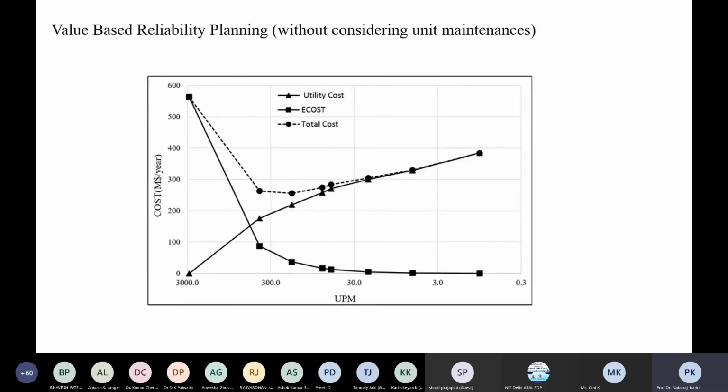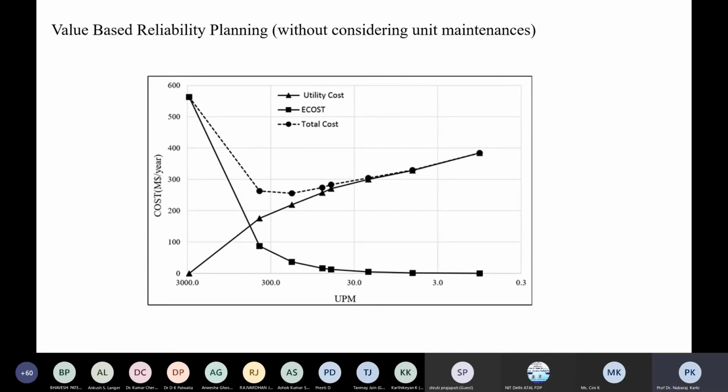And you can see this is without considering the unit maintenance. That was the theoretical curve that we had earlier. This is the investment curve here, and this is the unreliability cost curve, or what we also called E-cost, the cost of expected energy not served.